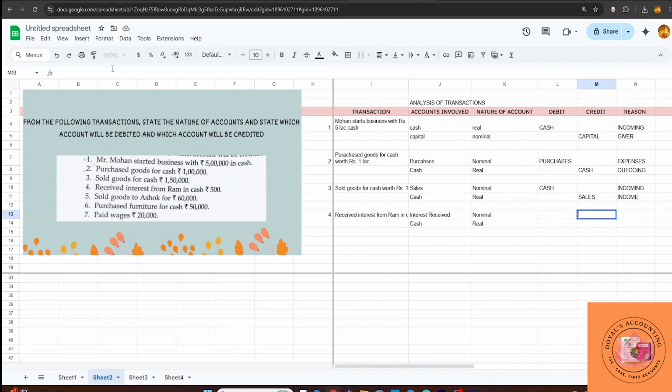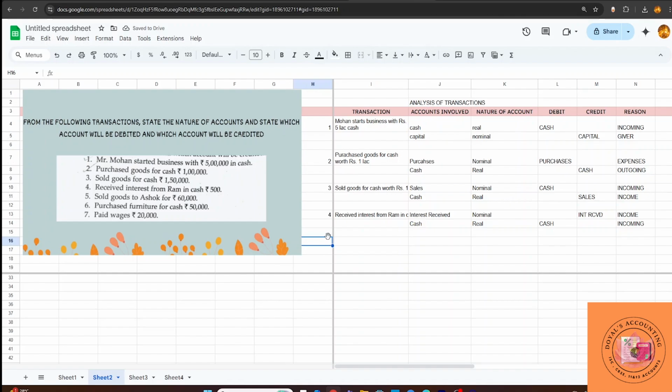Thus, interest received will be credited, and we are receiving cash. What is the rule for a real account? Debit what comes in and credit what goes out. Cash is coming in, so cash will be debited. Income, incoming.